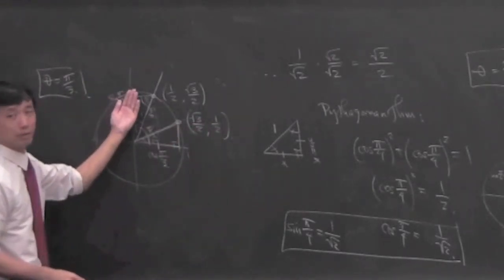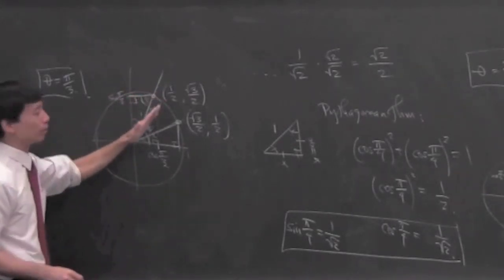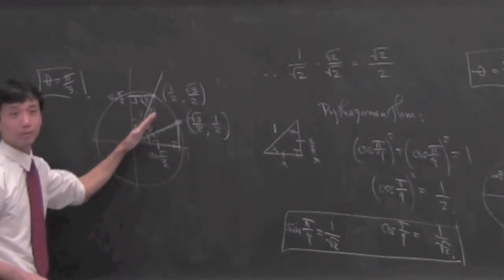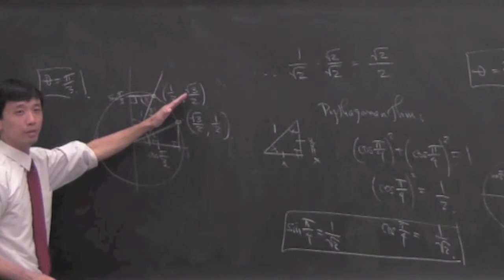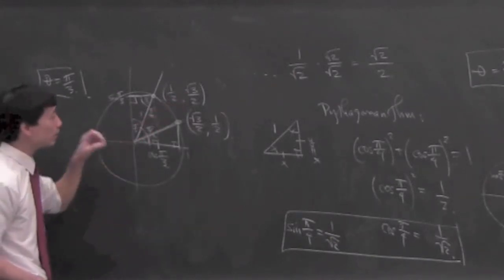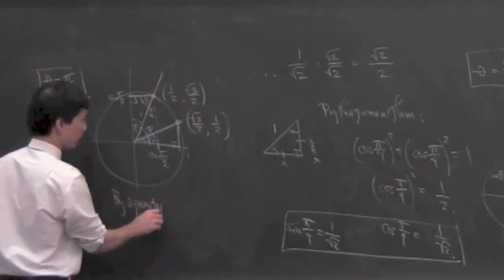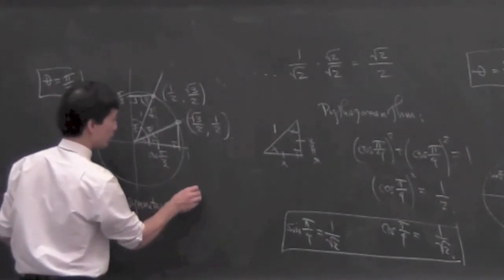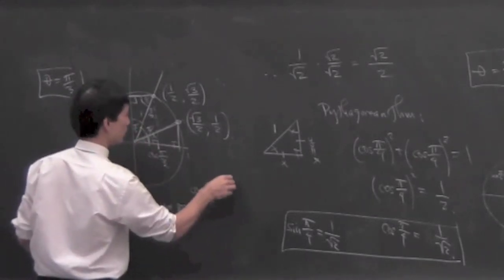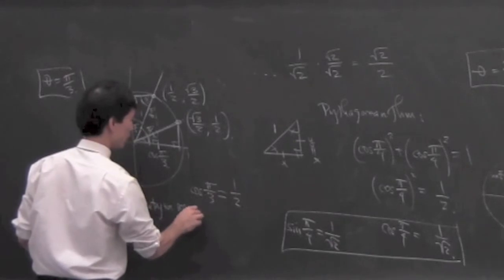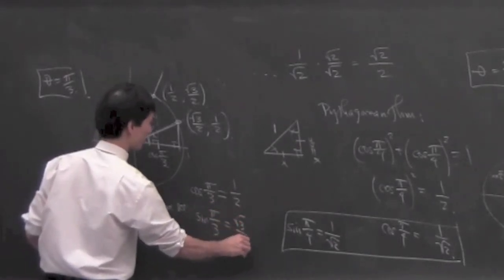Because this guy's coordinates were root 3 over 2 comma a half. When you flip it over, you see that this guy's coordinates are a half, root 3 over 2. Because it's just a flip across the x equals y line. So just by symmetry, we see that cosine of pi over 3 is a half, and sine of pi over 3 is root 3 over 2.